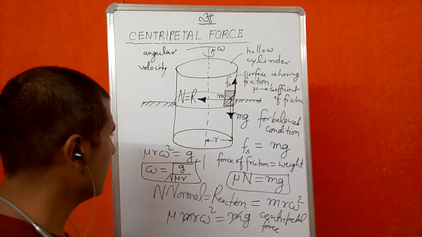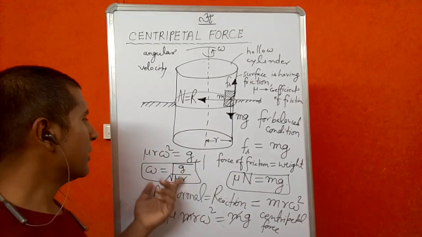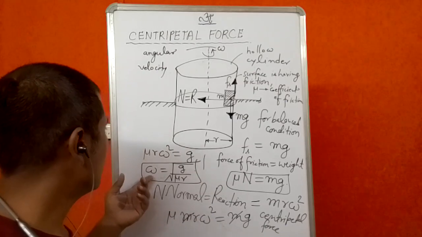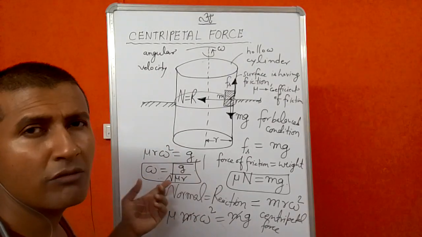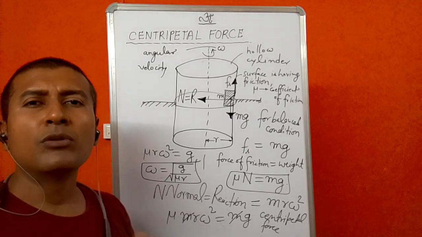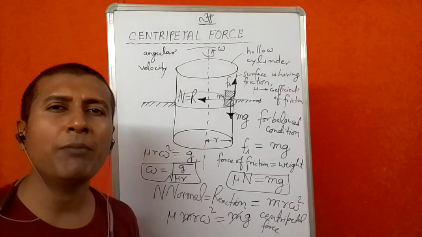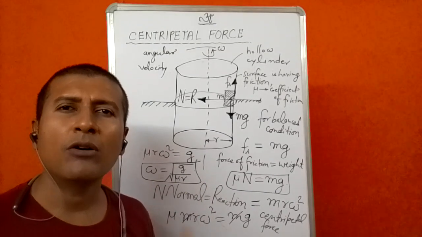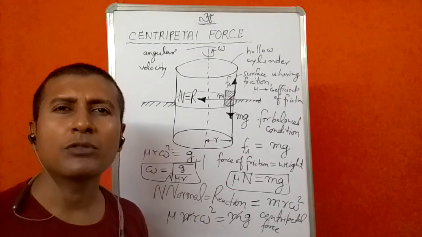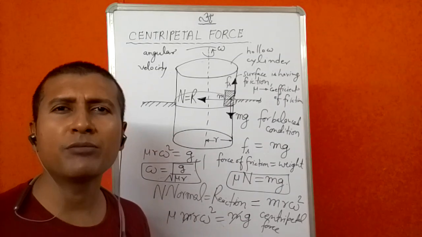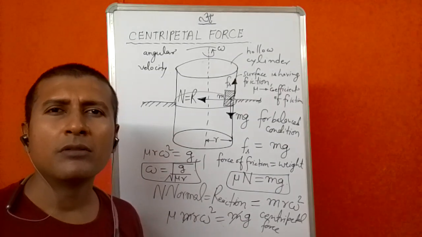Mu has been given, r has been given, g you know, right? So, we can easily find out the angular velocity. Is the point clear? Now, this is how, if you are able to apply a simple concept of mechanics of centripetal force, this is highly helpful for you to solve various problems, right?